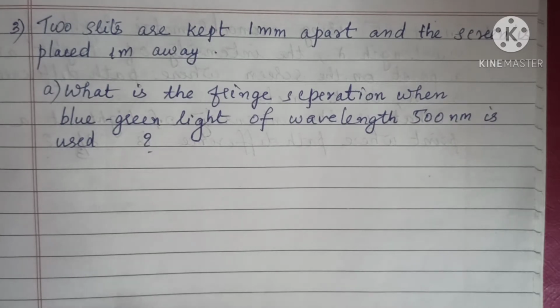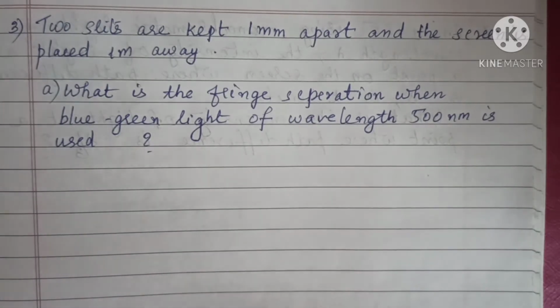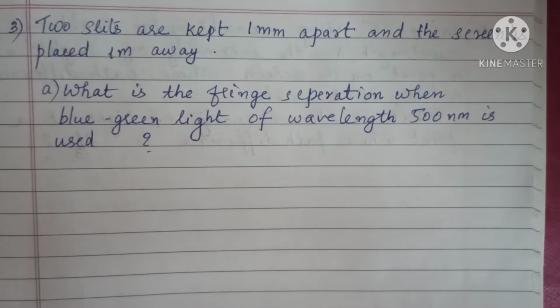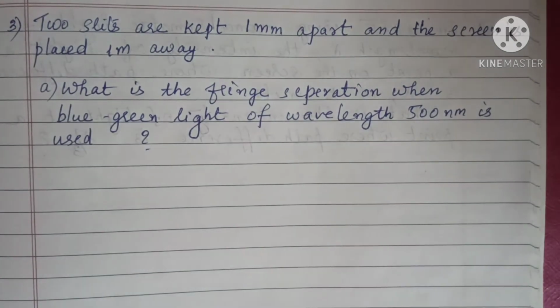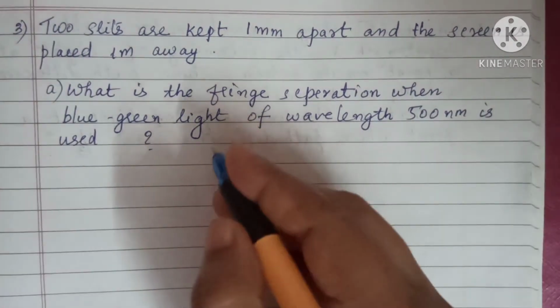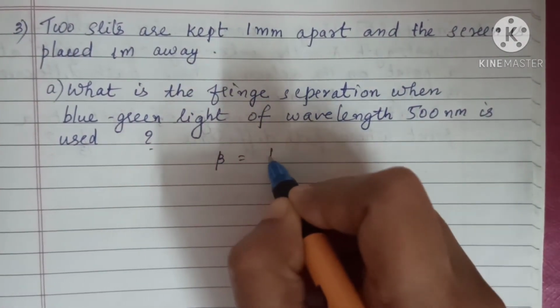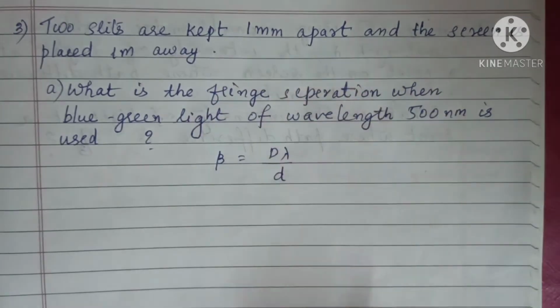So you can directly find it because small d, capital D and lambda or the wavelength is given, because here bluish green color is used, which has a wavelength of 500 nanometers. So first we can directly move to the expression, that is beta is equal to lambda D by d.